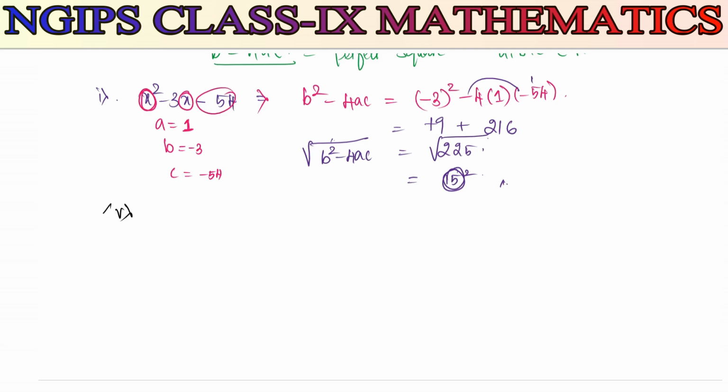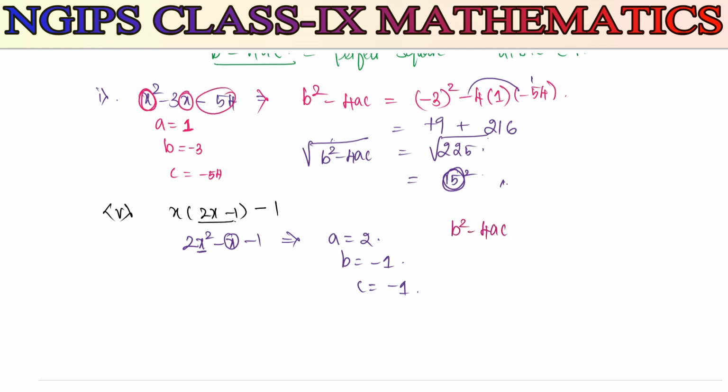The fifth one we have here is x into 2x minus 1, minus 1. So this x is common for both the terms. When you multiply, we get 2x square minus x minus 1. Here we need to take the a value, the coefficient of x square, which is positive 2; the b value, the coefficient of x, which is minus 1; and c is going to be minus 1. We have to apply b square minus 4ac, which should be a perfect square.